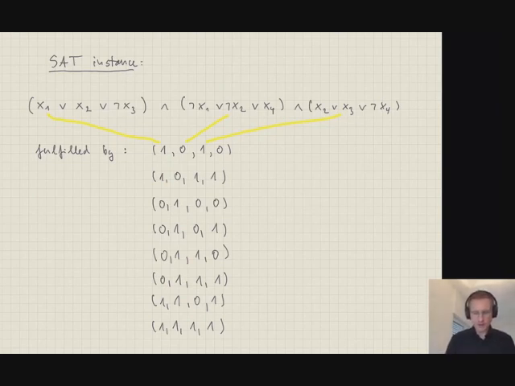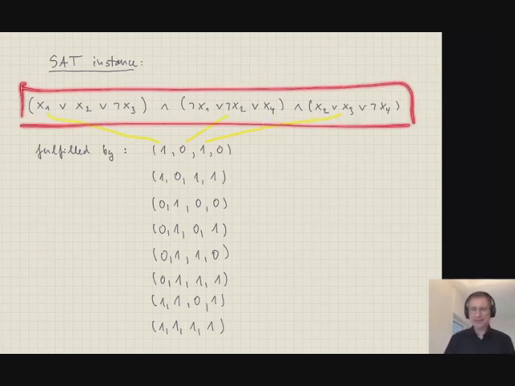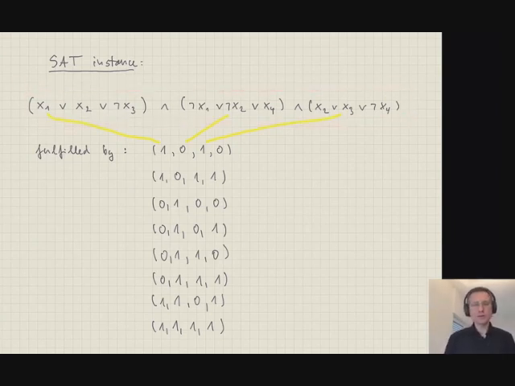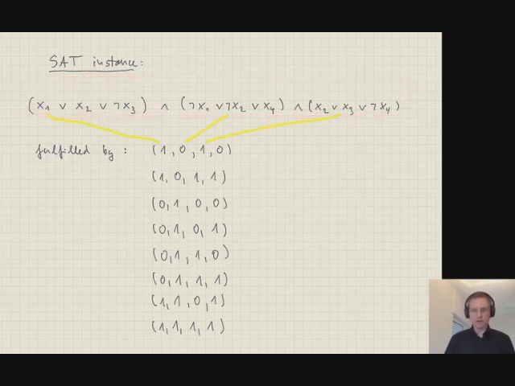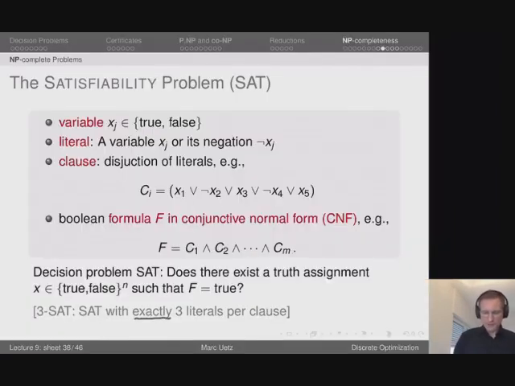So the question once again is, given such a formula with say n Boolean variables and m clauses, does there exist a satisfying truth assignment? Yes or no? It's a decision problem. And what Cook, Karp, and Levin showed is that you can express any NP problem in the language of such Boolean formulas.